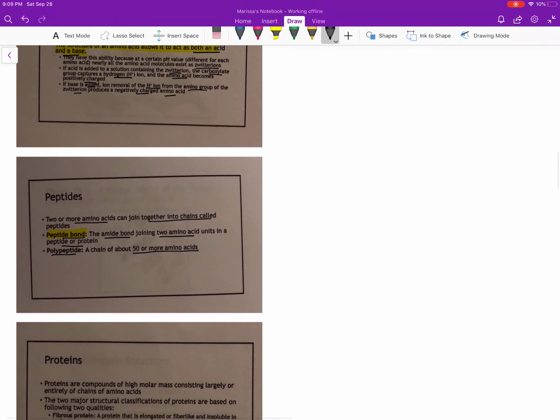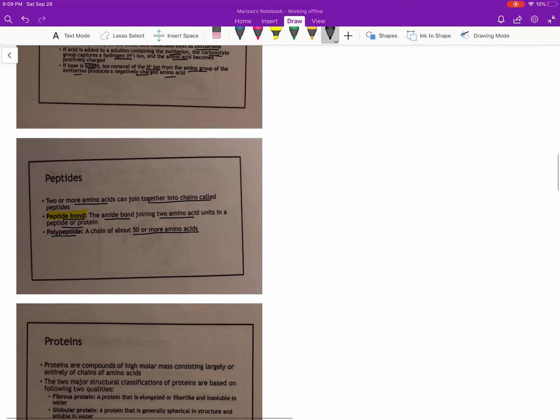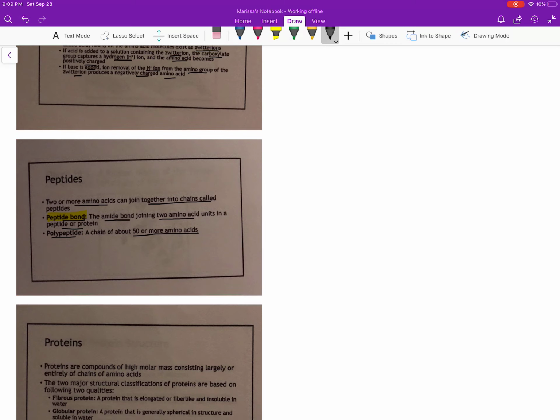Okay, so we're going to start joining them together. So the peptide bond, if we think back to functional groups, okay, so that was one of our functional groups.